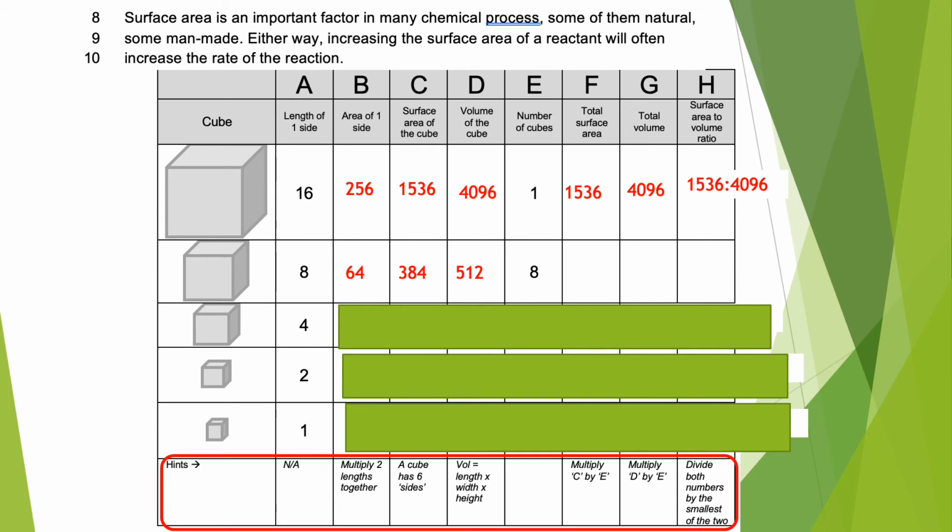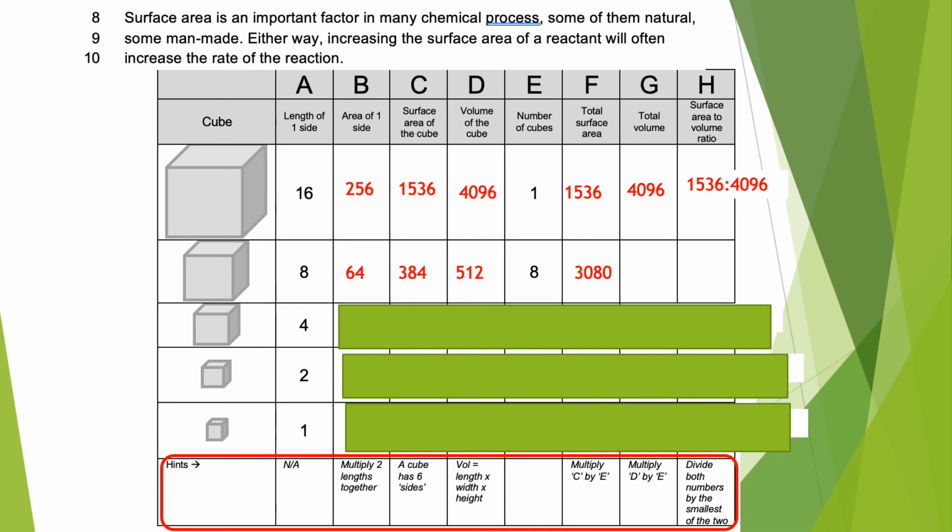But look at column E, okay? We have 8 of these cubes, all right? So what you need to do then for column F is you have one cube. One of these cubes has a surface area of 384, but you have 8 of them. So now you multiply 384 by 8, and that gives you 3,080. Okay?